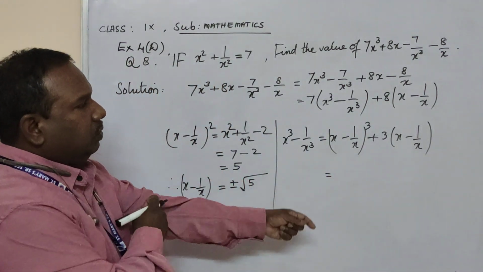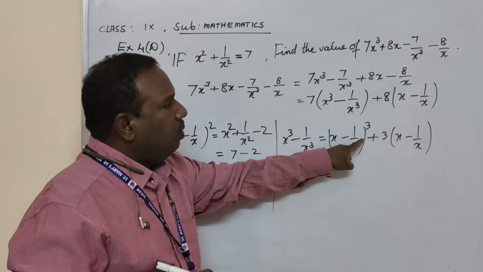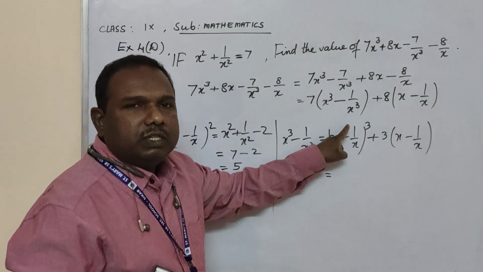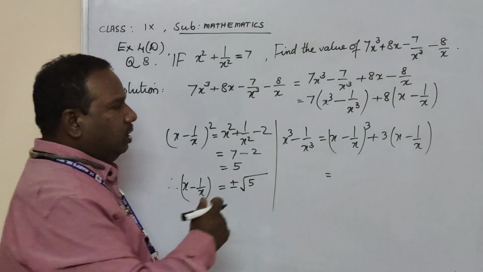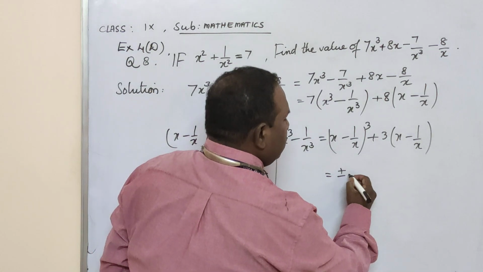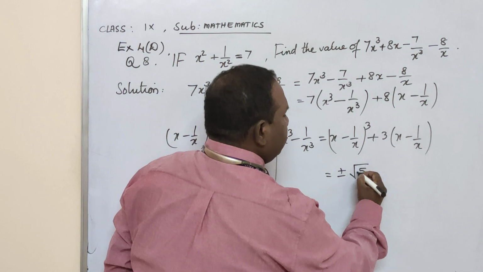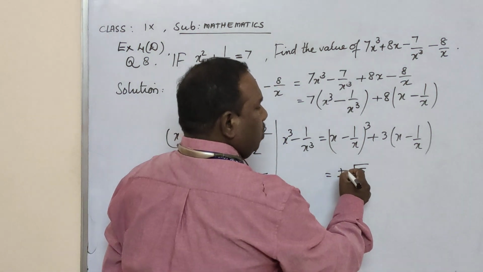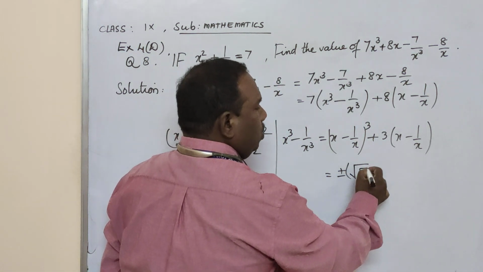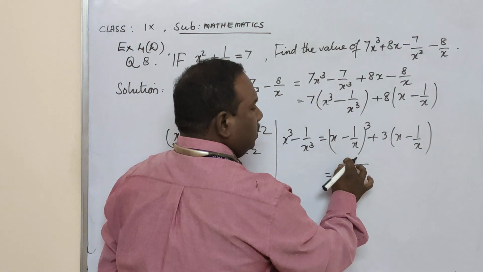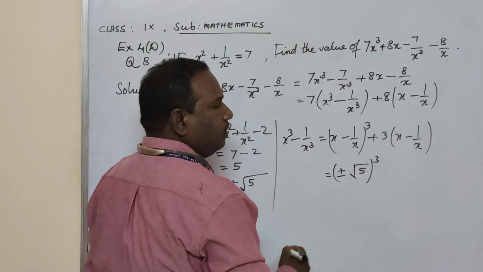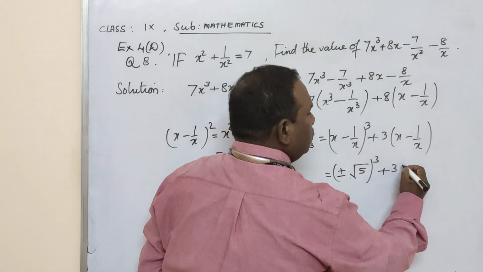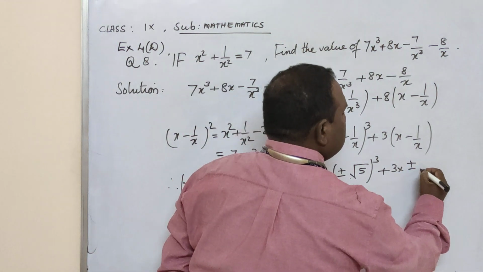We substitute the values. x minus 1 by x whole cube: the value of x minus 1 by x is plus or minus root 5, so it becomes plus or minus root 5 all cube, plus 3 into plus or minus root 5.